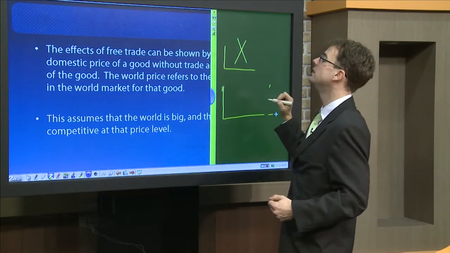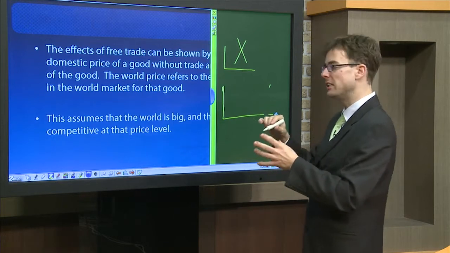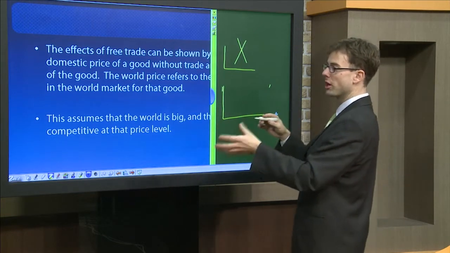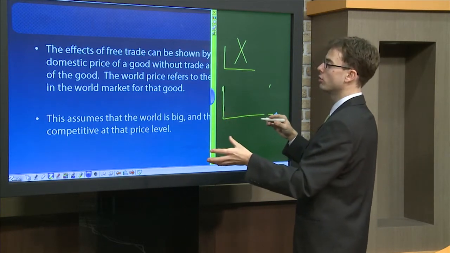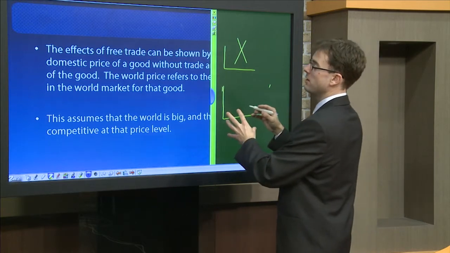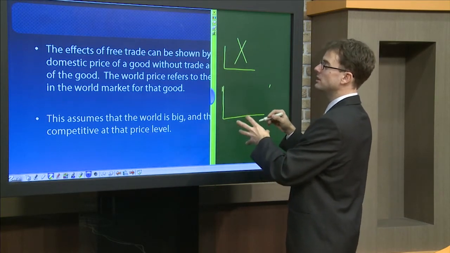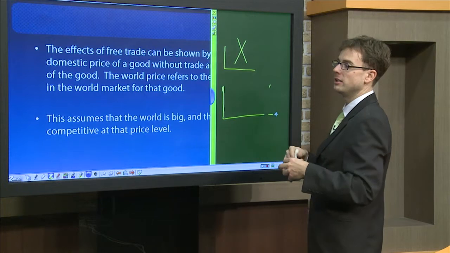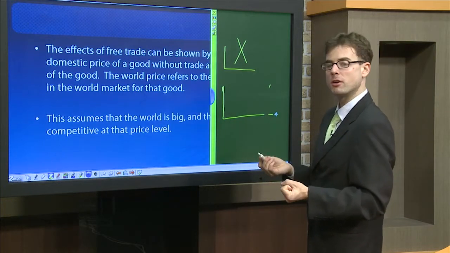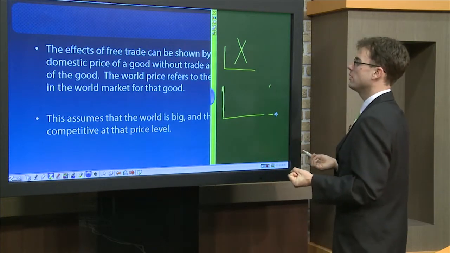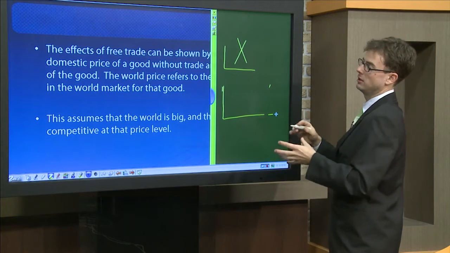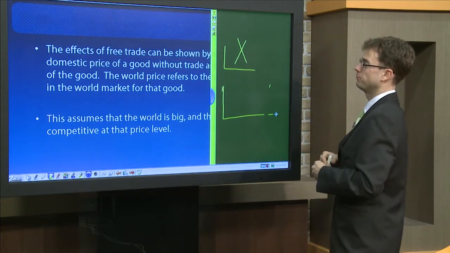And when we are talking about the world price, when we are summarizing the information about the production of the commodity in the rest of the world, we should think that the world price stands for the supply curve of the commodity in all other countries except our domestic country.